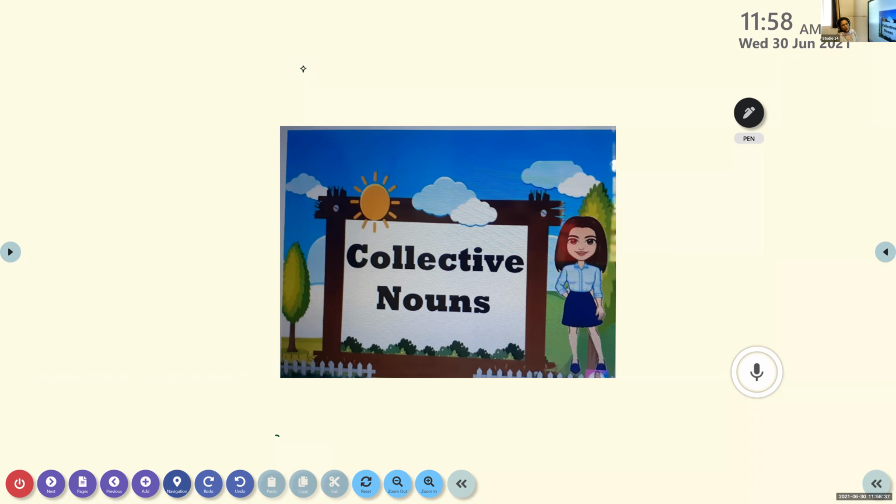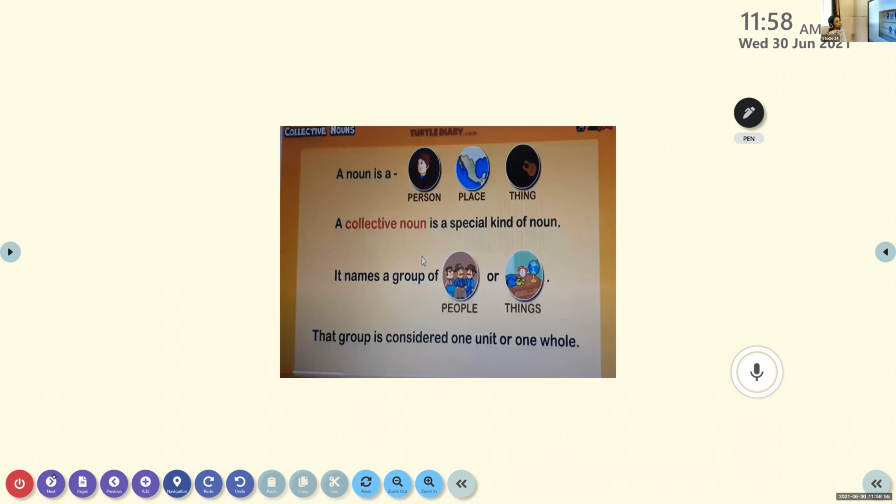So we have already learned about collective noun and we have seen a few examples related to the topic. So let's move on to the topic now. Are you all ready? So what is a noun?